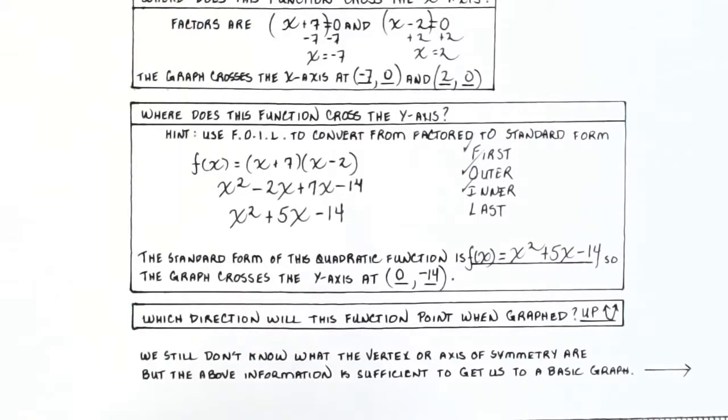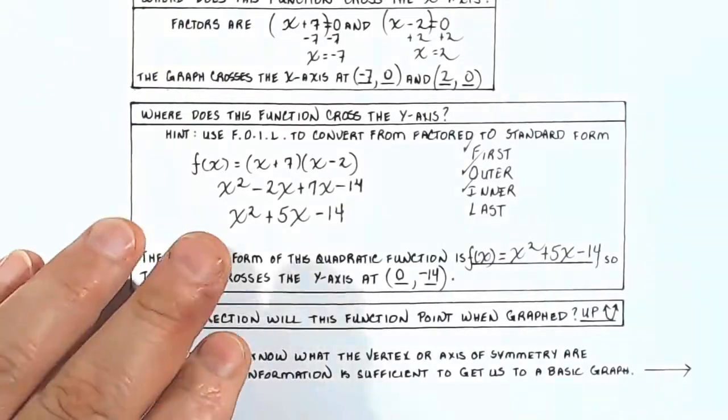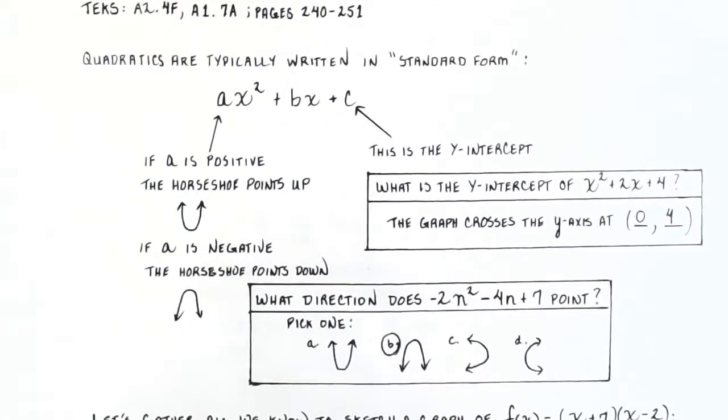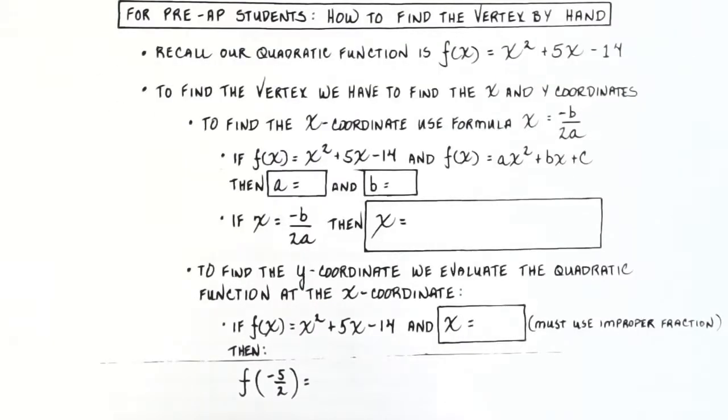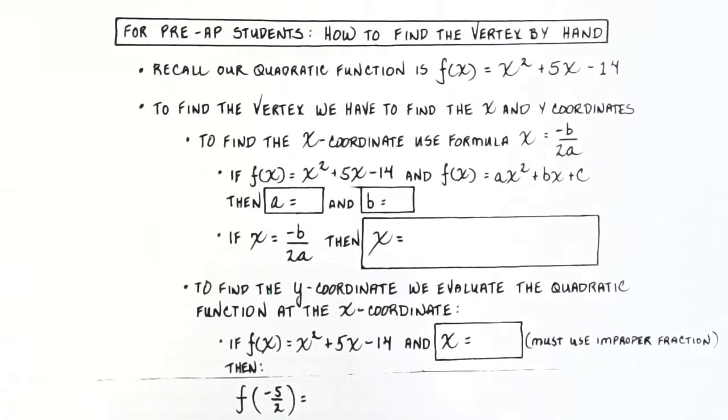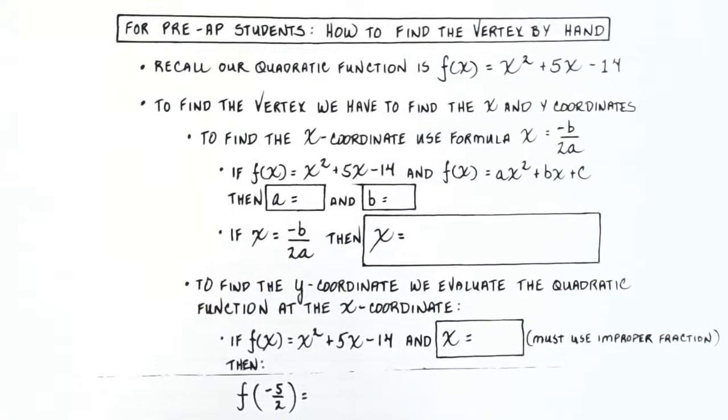Now here, if you are a pre-AP student, so give me a second, students that are not pre-AP, I'm just going to introduce this. If you're a pre-AP student, I'm going to have you find the vertex by hand. Okay, so this is going to be something you need to read and do on your own.